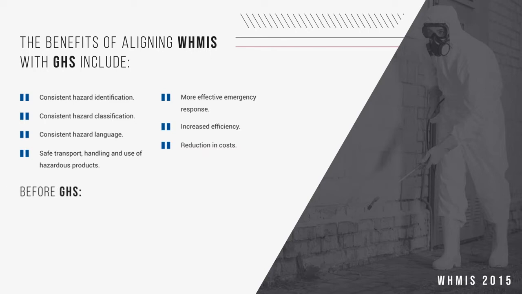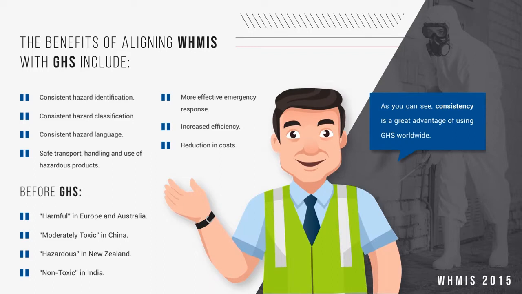Before GHS, a product that might be toxic under WHMIS in Canada might have been labeled differently elsewhere. For example, it could be labeled harmful in Europe and Australia, moderately toxic in China, hazardous in New Zealand, or non-toxic in India. As you can see, consistency is a great advantage of using GHS worldwide.